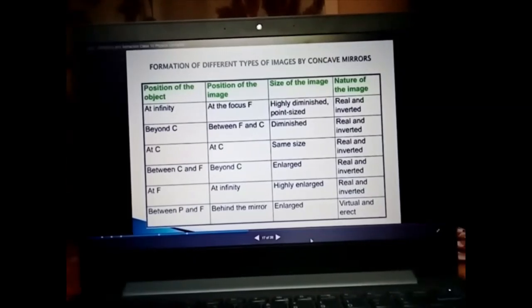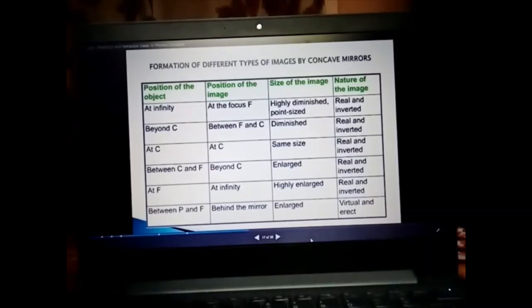Fifth case is when the object is at focus, the image is formed at infinity, it is highly magnified, real and inverted. Now, the last case is when the object is between pole and focus, the image formed is behind the mirror and size of the image is enlarged.